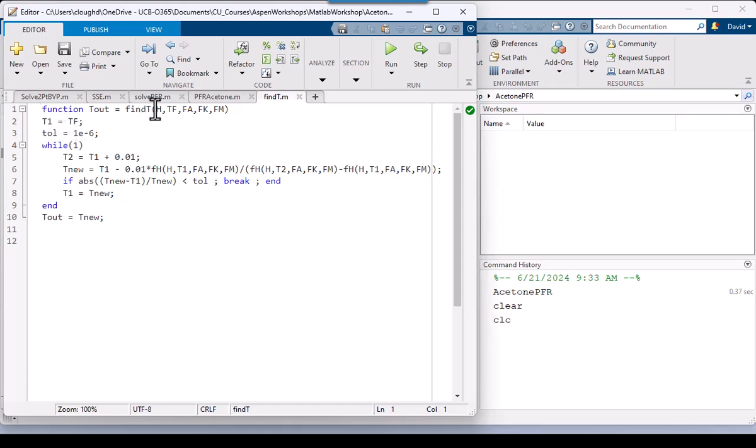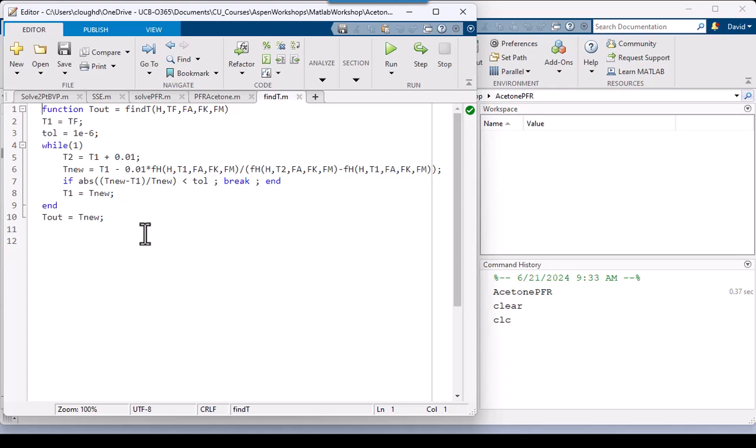And one of the arguments is the current value of the enthalpy, H. And then we perturb the temperature a little bit by 1/100th of a degree and use the modified secant formula to obtain a new value of the temperature. And then we'll exit this loop when the new value is not changing very much from the old value.